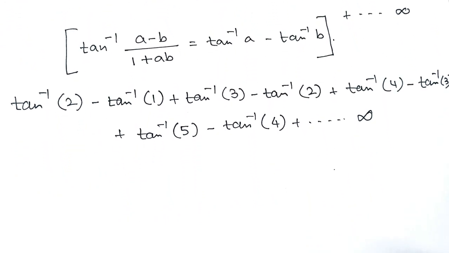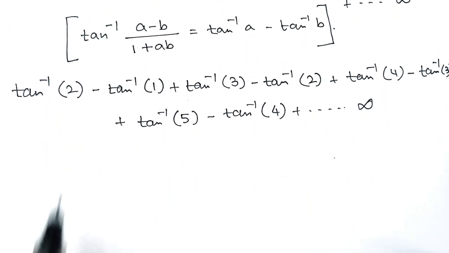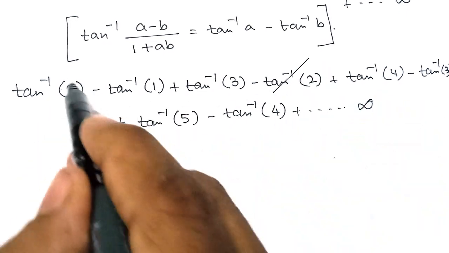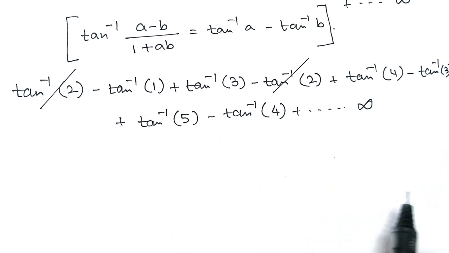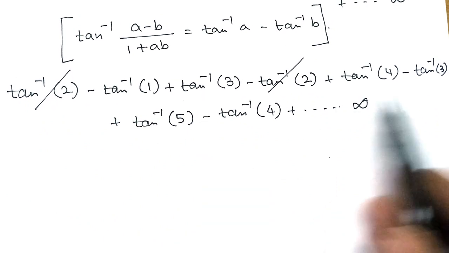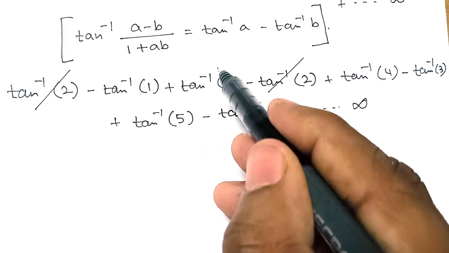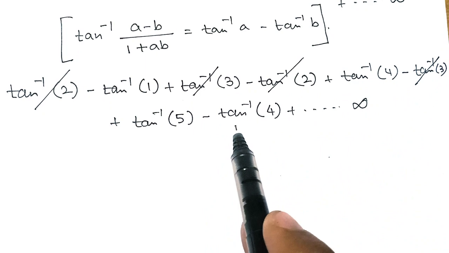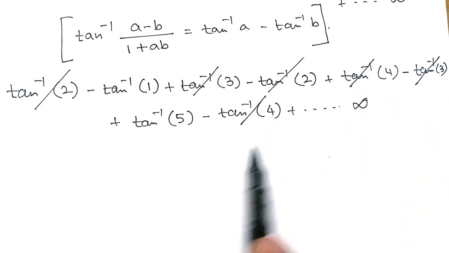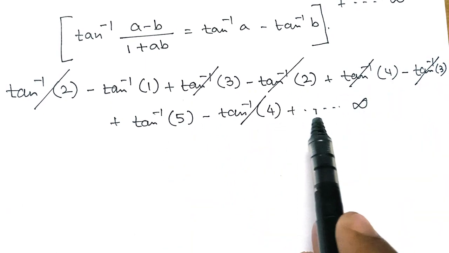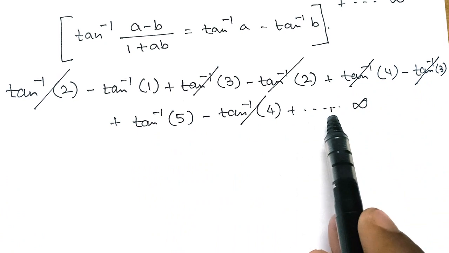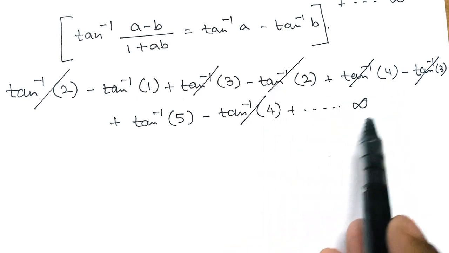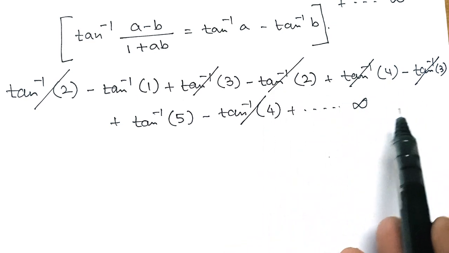Now you observe that for tan inverse 2 there is a minus tan inverse 2, which can be mutually cancelled out. Also tan inverse 3 and there is a minus tan inverse 3, so this also can be cancelled out. Tan inverse 4 and here is a minus tan inverse 4, which can be cancelled out, and tan inverse 5 can be cancelled out from another term derived from the further terms, as it is continuing to infinity.